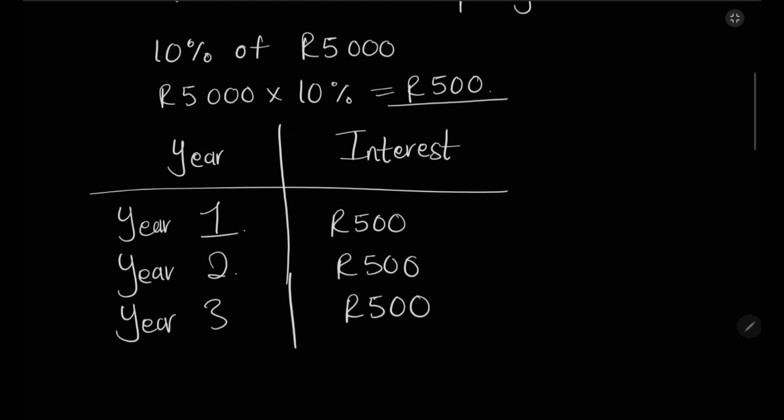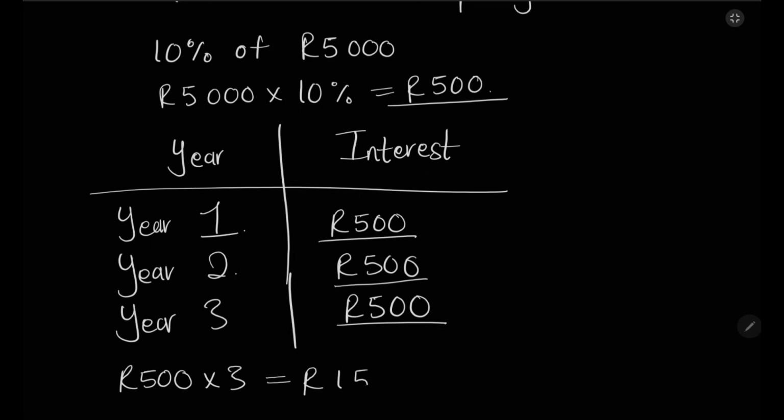So how much have you earned in 3 years? After 3 years you have earned, let's take this 500 Rand 3 times. We'll say 500 times 1, 2, 3. 500 Rand times 3 is 1,500 Rand interest. You have calculated the interest.